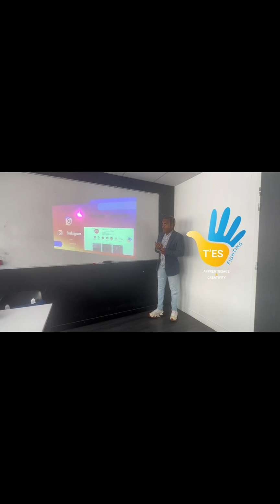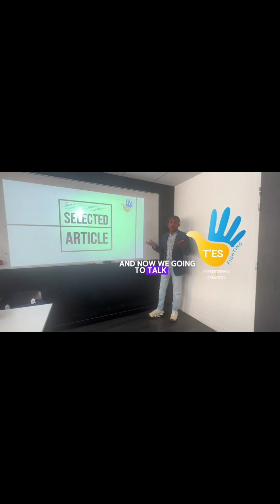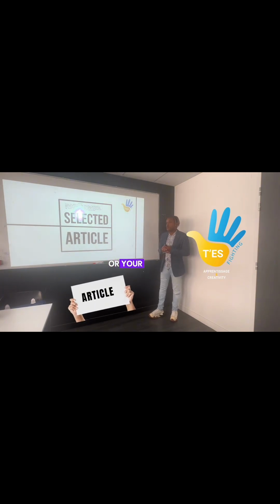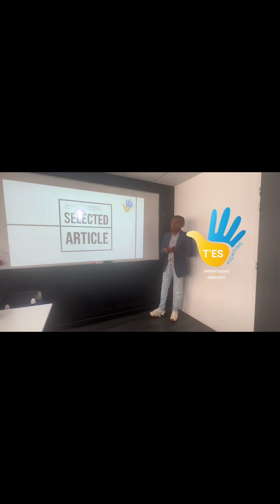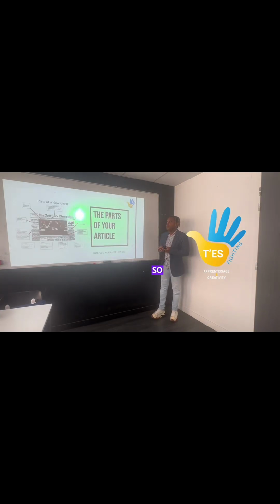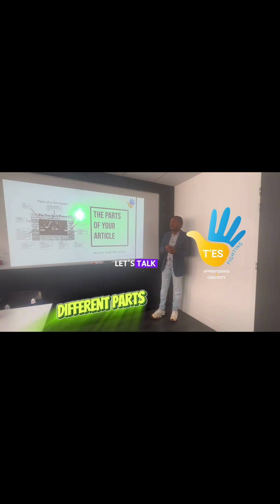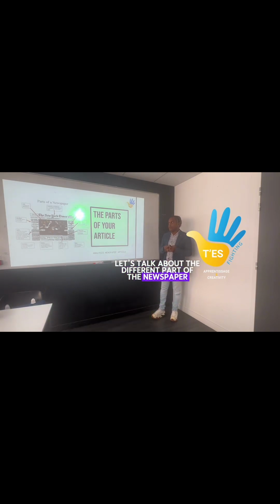Okay, and now we're going to talk about the final part, the selected article. Why is your teacher or your trainer going to ask you to analyze this article? Because on every kind of diploma you're going to analyze what you are reading. You have to explain what you understand about it. So let's talk about the different parts of the newspaper.